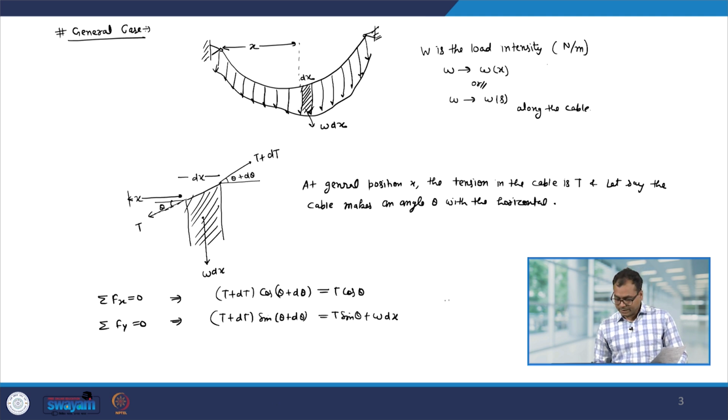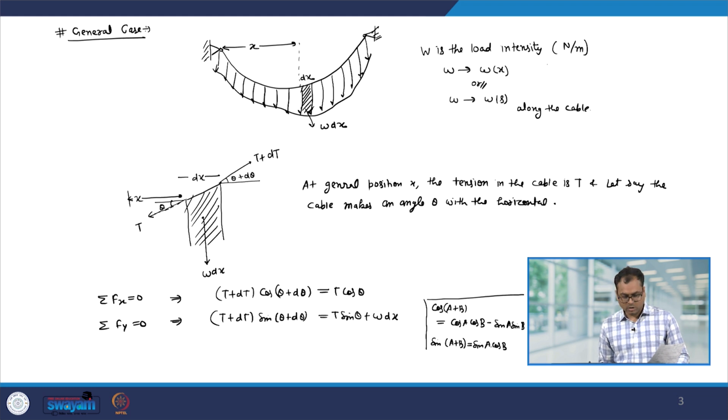Now, on the left hand side we have cos(theta plus d theta), which we can expand as cos(A plus B) equal to cos A cos B minus sin A sin B, and in the second equation we have sin(A plus B) equal to sin A cos B plus cos A sin B. So, now let us expand this.